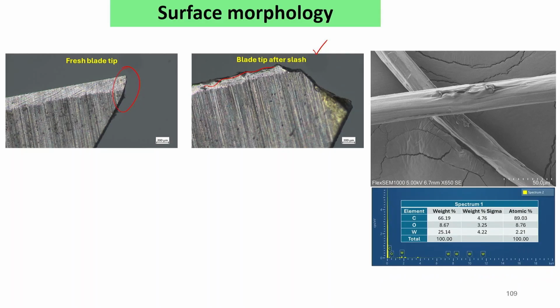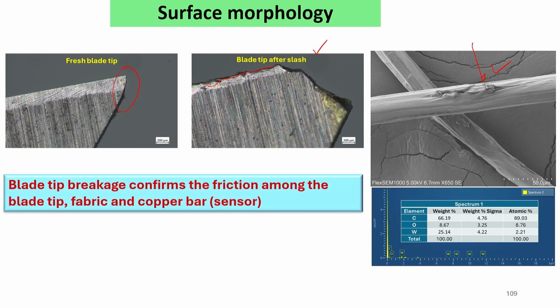And here the fiber surface was tested. Here you can see the hard particle impregnated fiber, and the blade tip breakage confirms the friction between the blade tip and fabric, and also with the copper bar, that is the sensor copper bar, where we can see there are traces of copper.